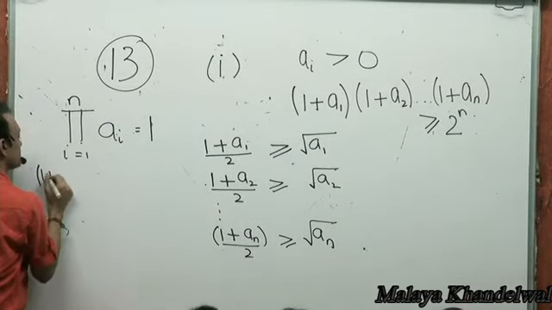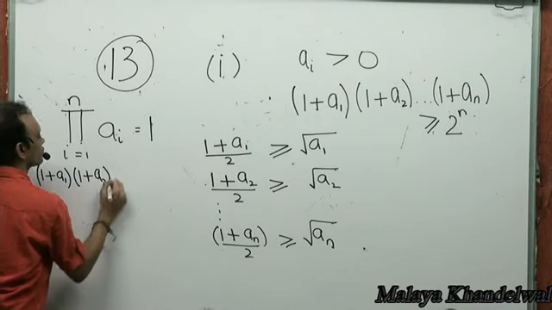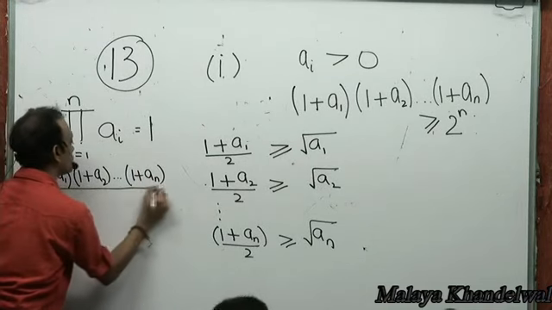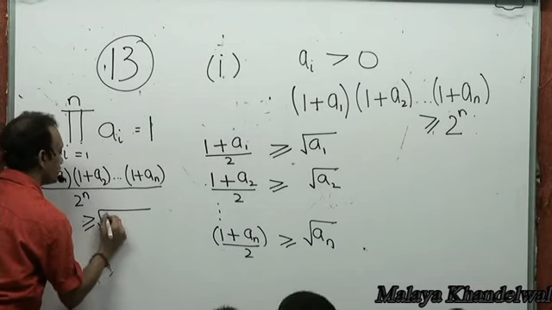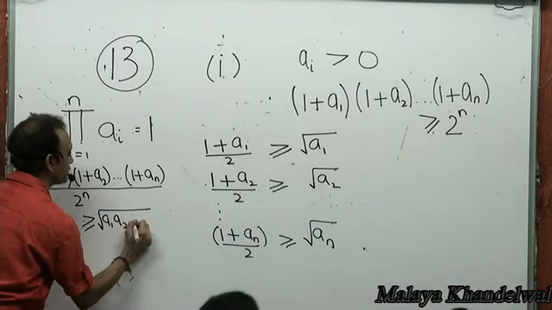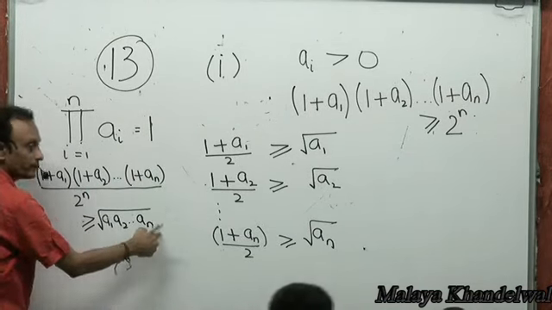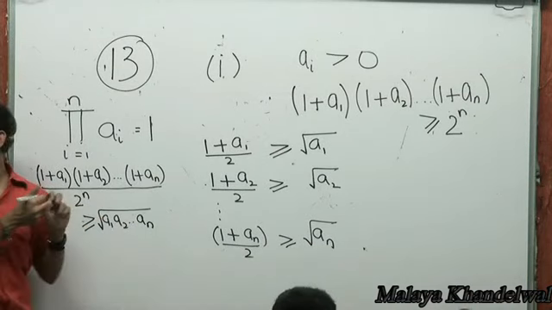So 1 plus A1 into 1 plus A2 into 1 plus AN divided by 2 to the power n bigger than or equal to root A1 A2 AN. But A1 A2 AN is 1, so this will be 1. So this will be greater than or equal to 2 to the power n, etc. Got it?